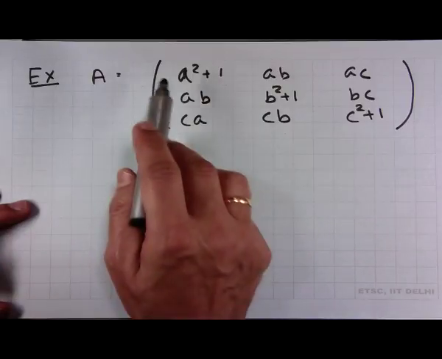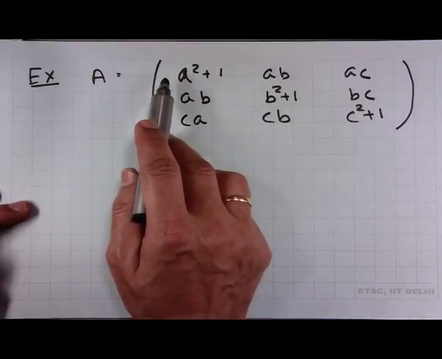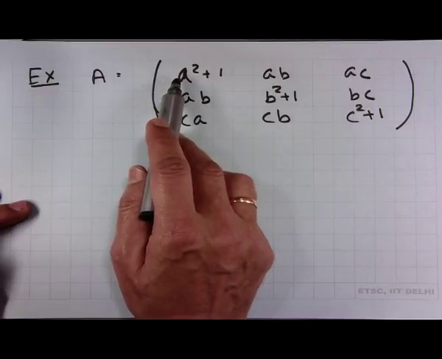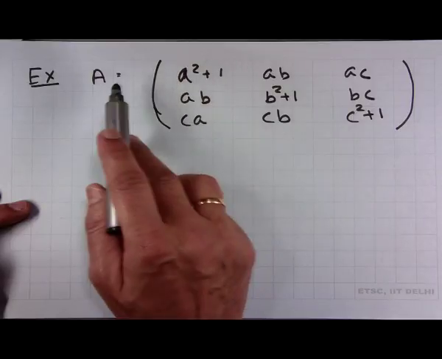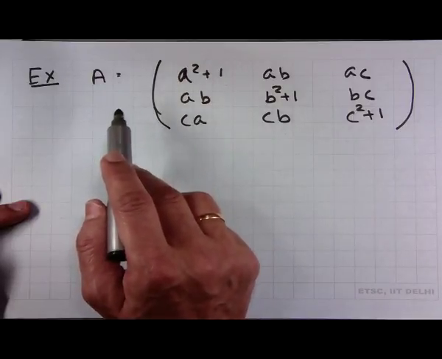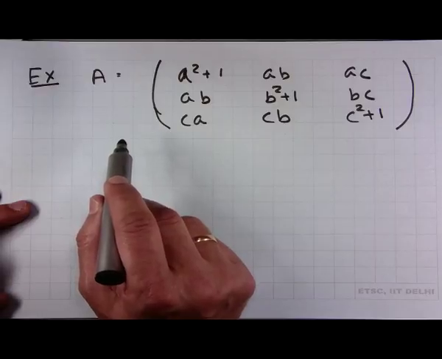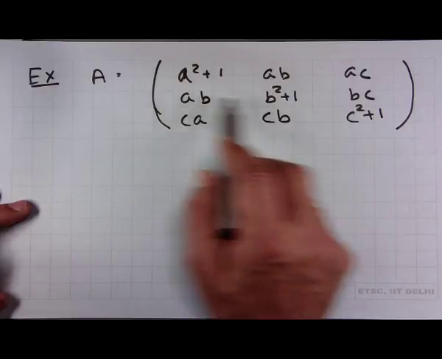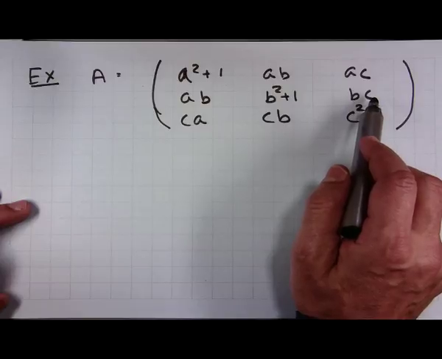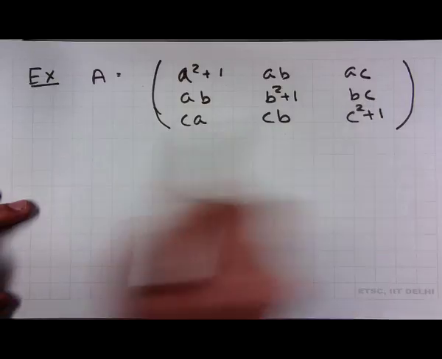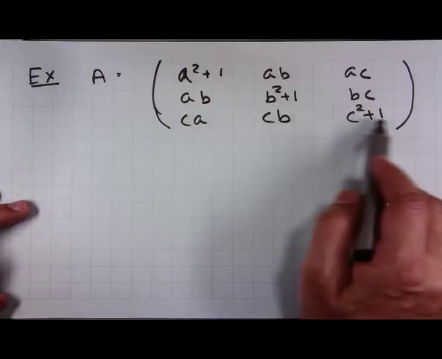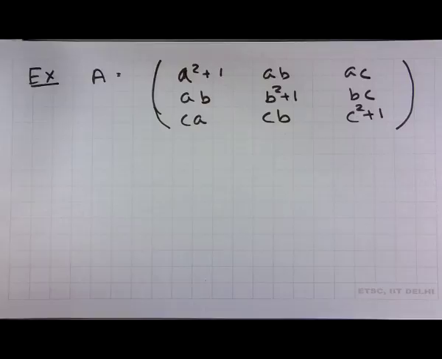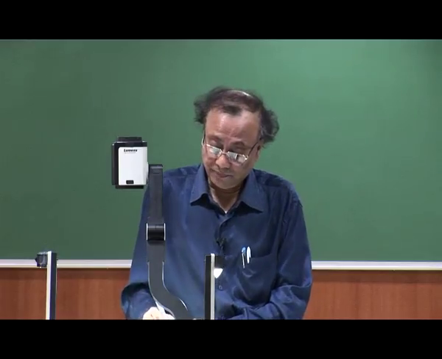What we do? We multiply the first row by a, and to take care of that, I divide it by a, so that the determinant does not change. Similarly, I multiply the second row with b and divide it by b, and I multiply the third row with c and then again divide it by c, so that determinant does not change.